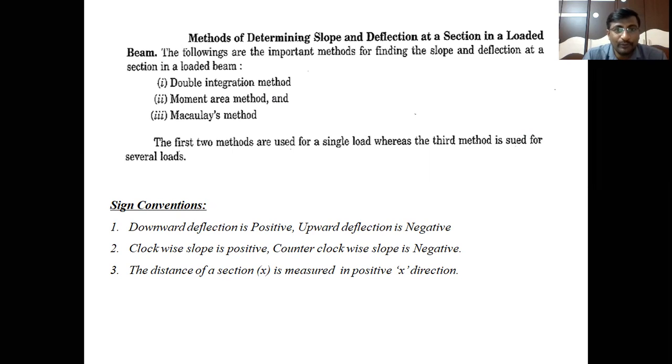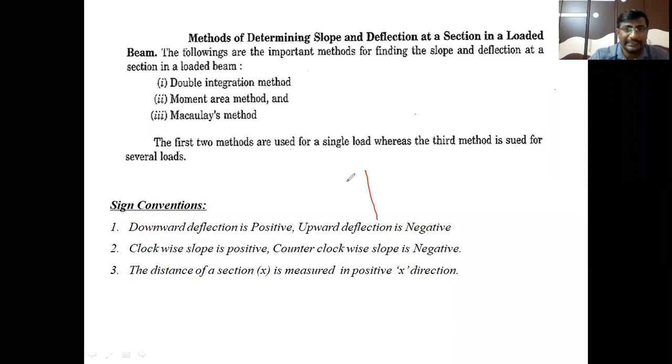When multiple loads act, we can easily solve the problem by using Macaulay's method. It is the best method to determine slope and deflection for any type of beam and any type of load. So Macaulay's method is the best method compared to the first two methods. The first two methods can be used only when a single load is applied. Otherwise, we cannot use those methods.